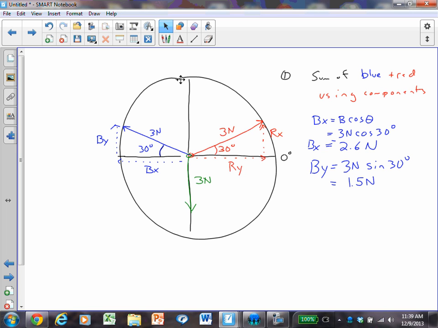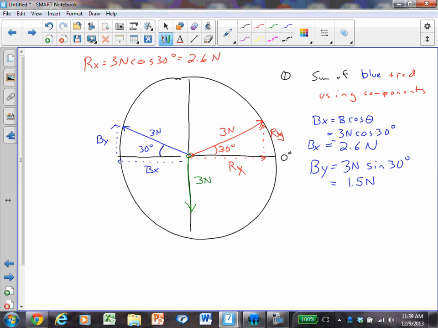Now Rx would be the same, 3 newtons cosine 30, which is 2.6 newtons, but it's positive, right? And Ry would be 3 newtons sine of 30, which is 1.5 newtons, right?